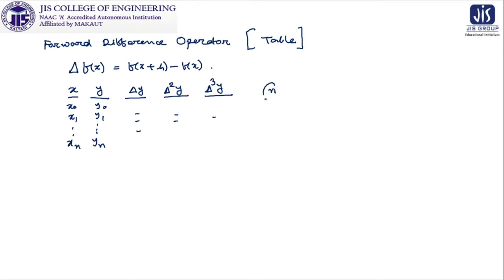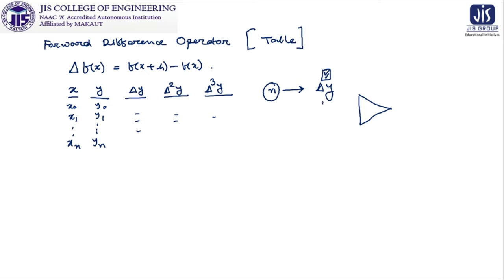Depending on the value of n up to which the forward difference operator will proceed, it is also known to us. And not only that, we also have the concept that generally it will take the shape like this.